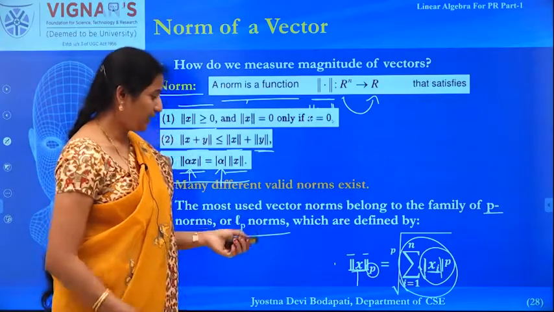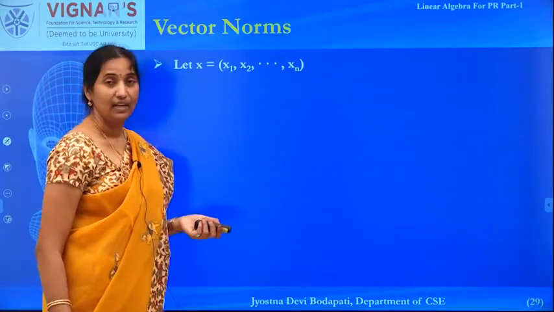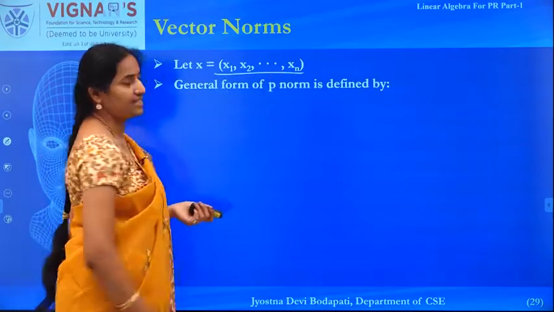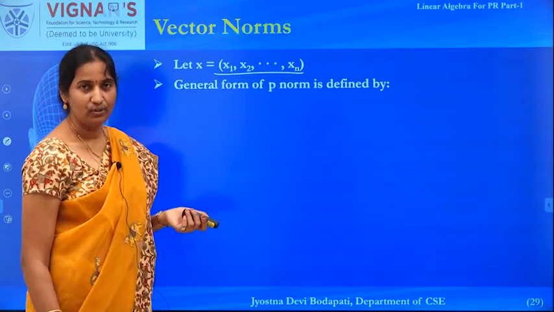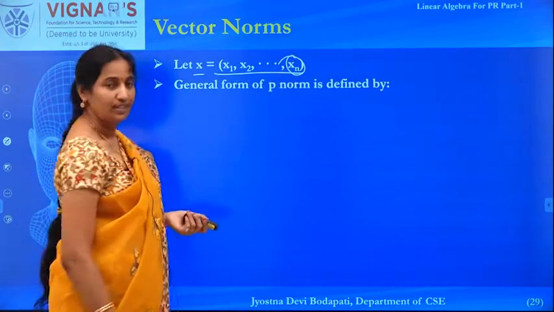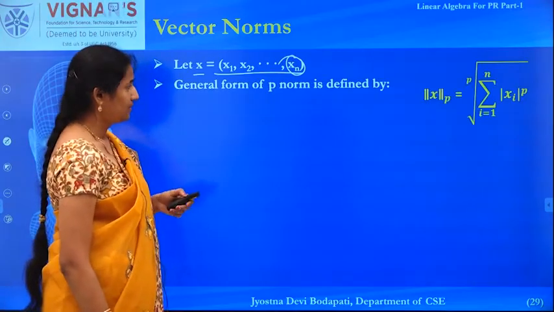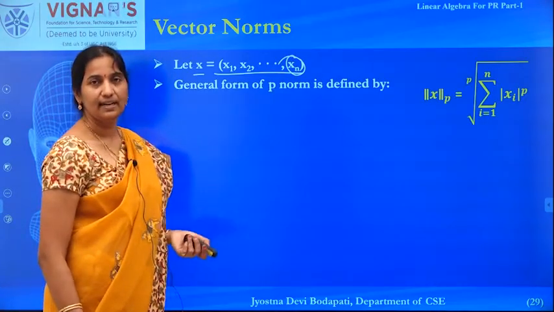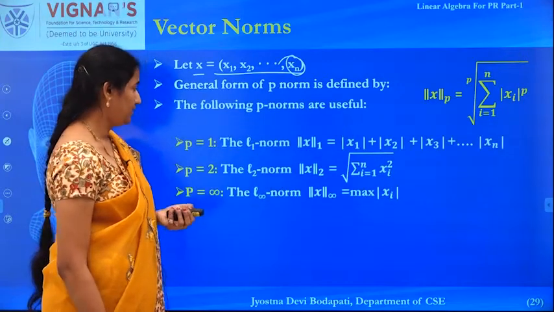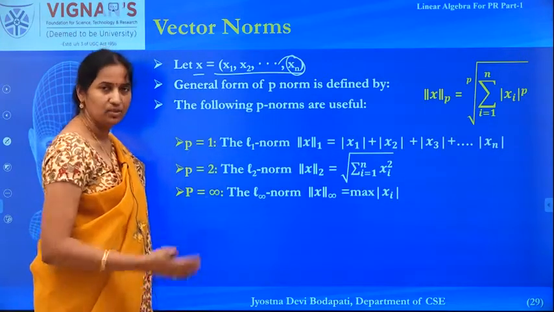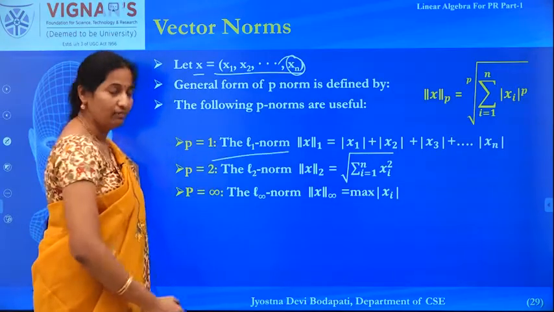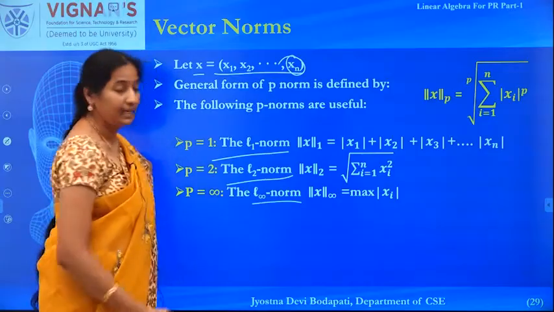Let me clarify and give you the details. Let x1 to xn be the individual elements of your vector, that is, x is in the n dimensional space. If you consider this as the general formula for your pth norm, then there is a possibility of defining very popular forms of p norm: L1 norm, L2 norm and L infinity norm.